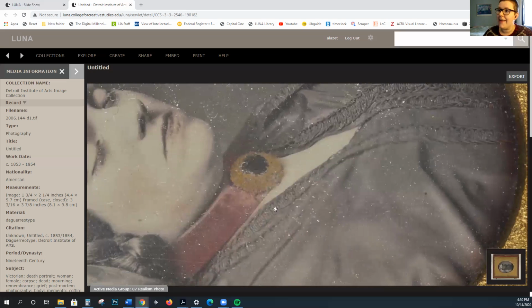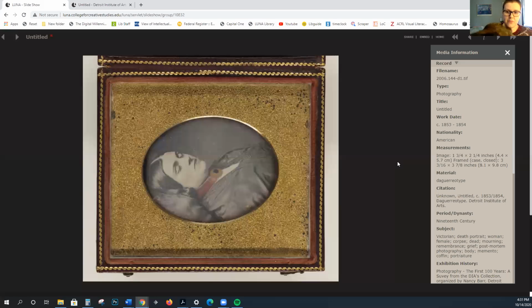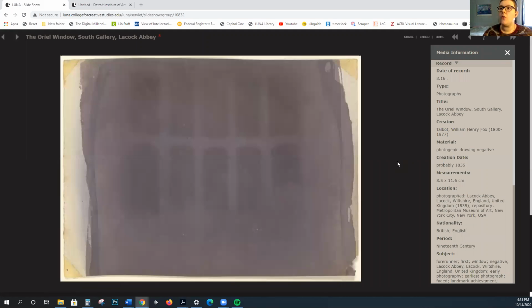I want to highlight that because the next type of photograph that we're looking at is invented by William Henry Fox Talbot, and he develops his own method. This is a calotype. Calotypes are used to create negatives, and you can create multiples.